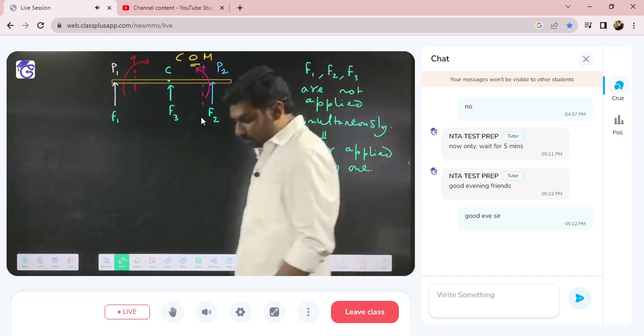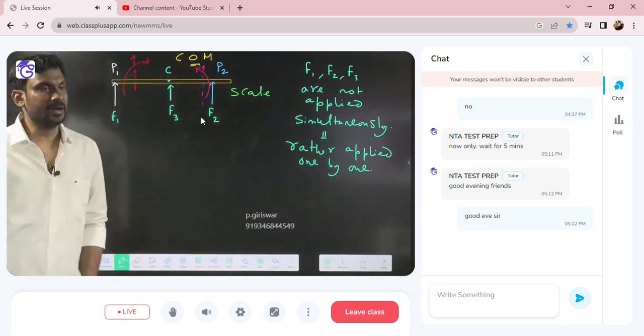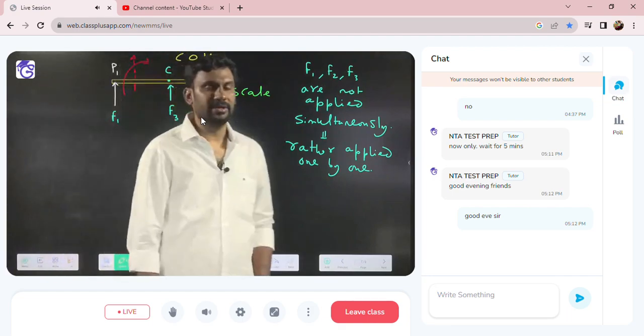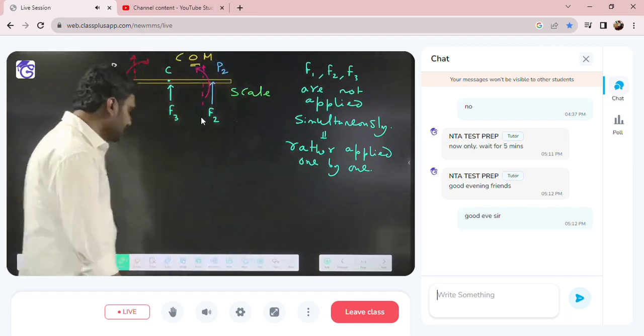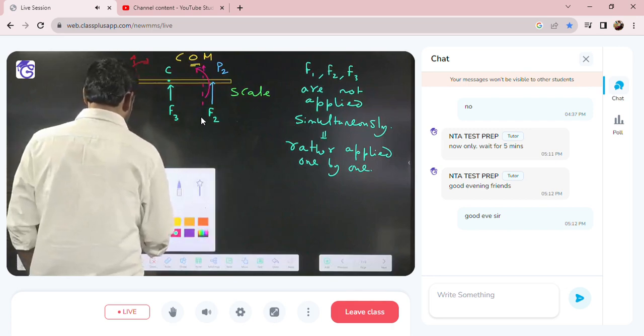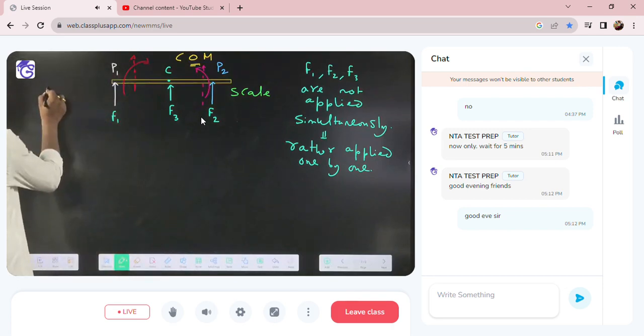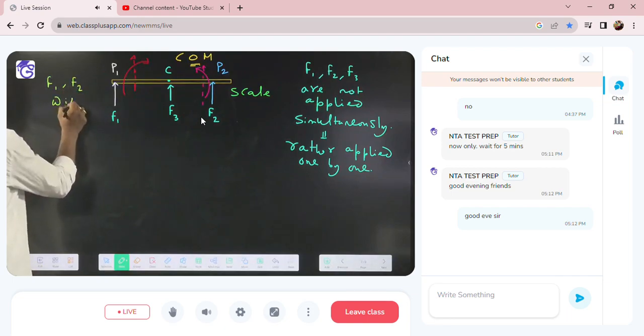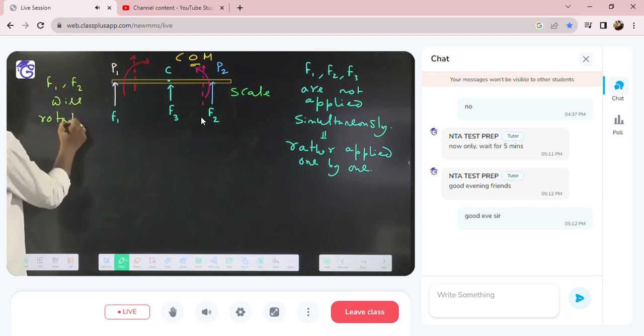F1 and F2, these 2 forces will try to rotate the rigid body as well as translate the rigid body. Is that clear to all of you? Please respond. Everyone?